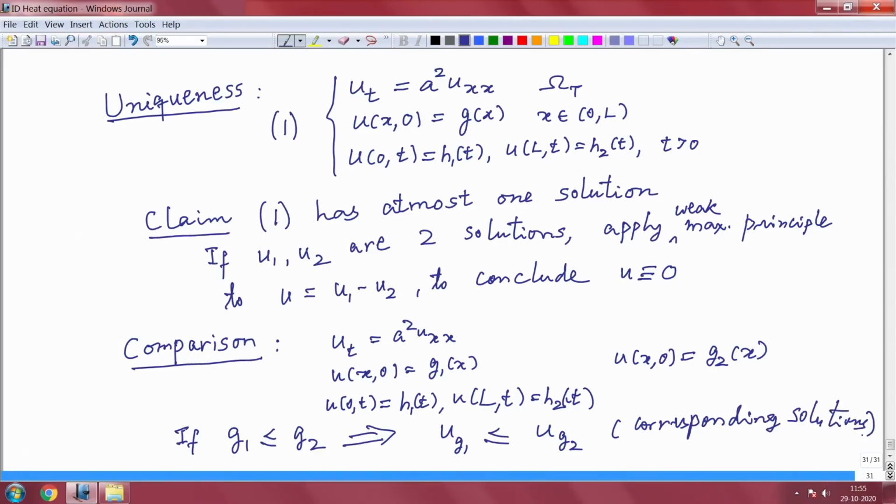Okay. So, you can also take different boundary data, and if some inequality holds between them, then the corresponding solutions will also maintain that inequality. So, these are called comparison results.